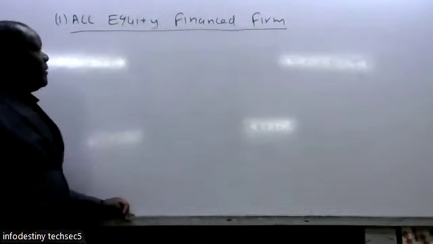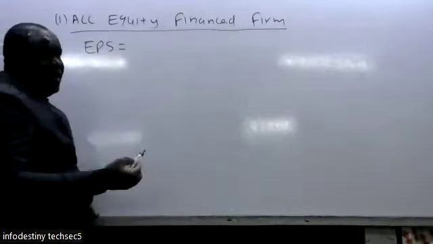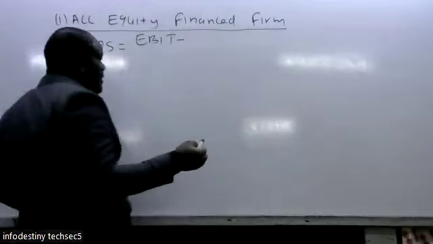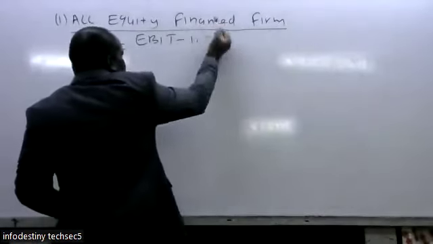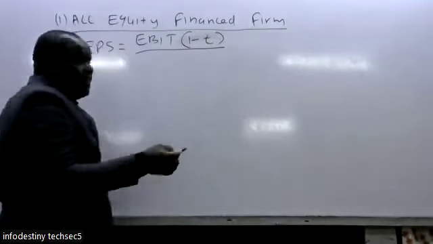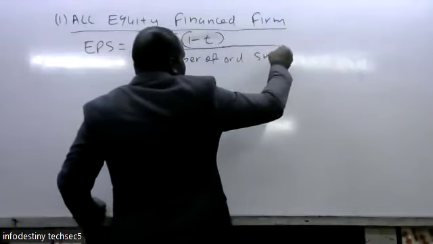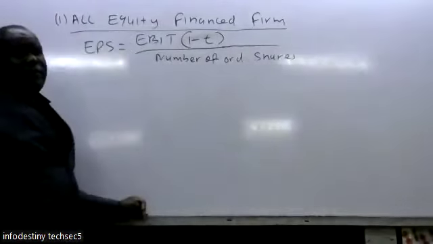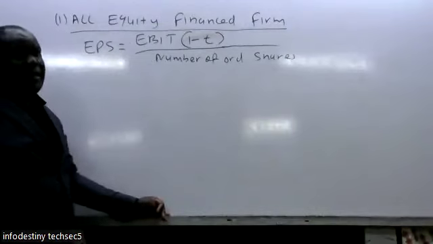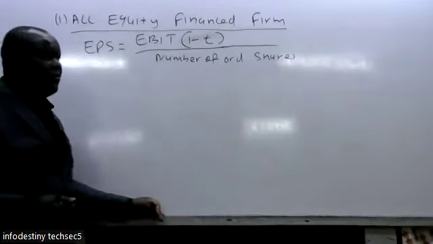So when the firm is all equity financed, to compute earning per share will be equal to earnings before interest and tax, then 1 minus the tax rate, then we shall divide by the number of the ordinary shares. That's now in case it is all equity financed.